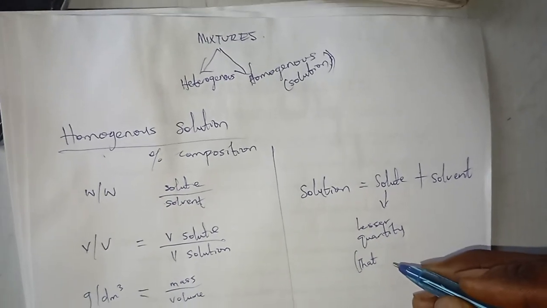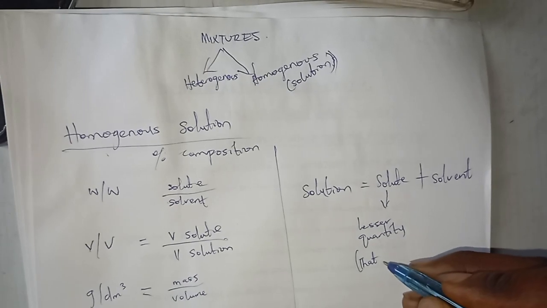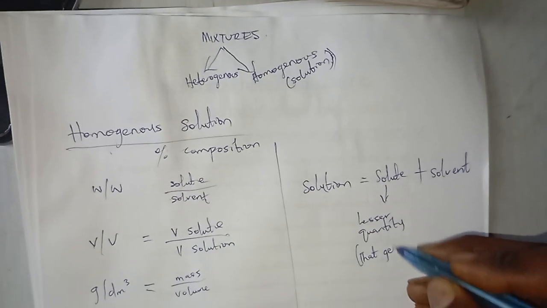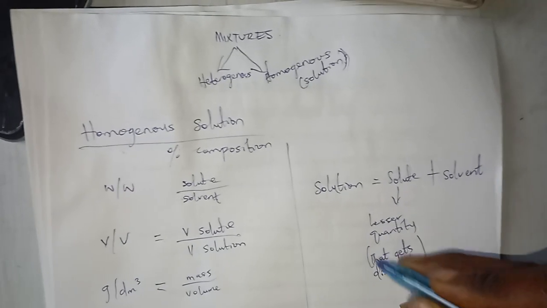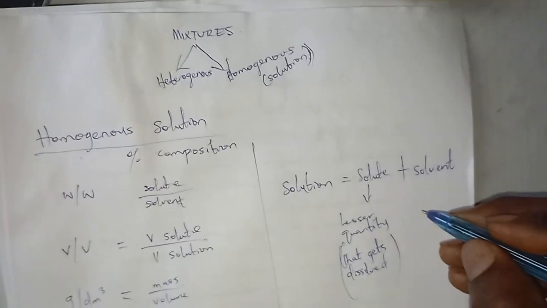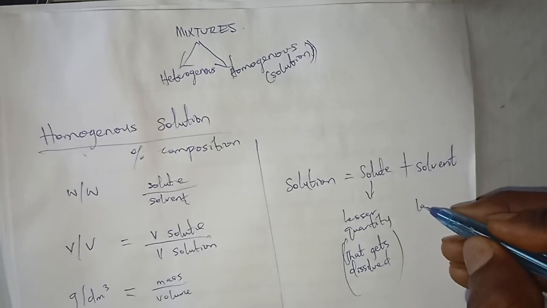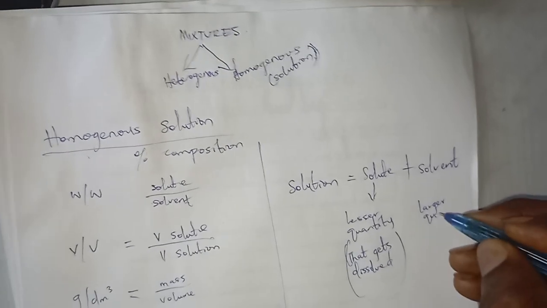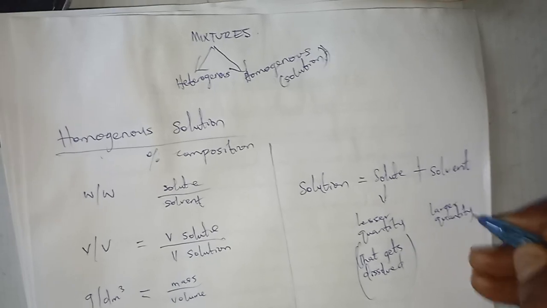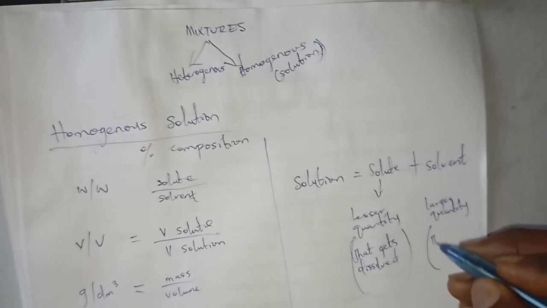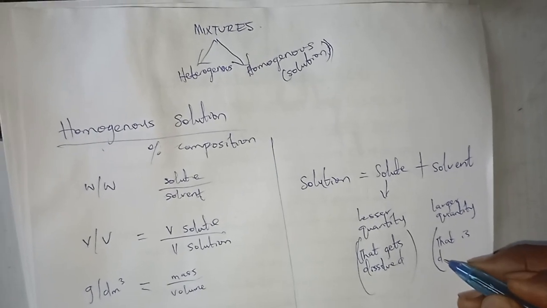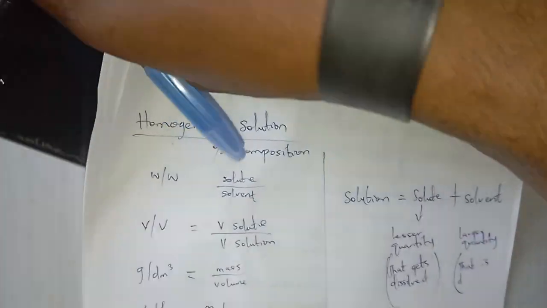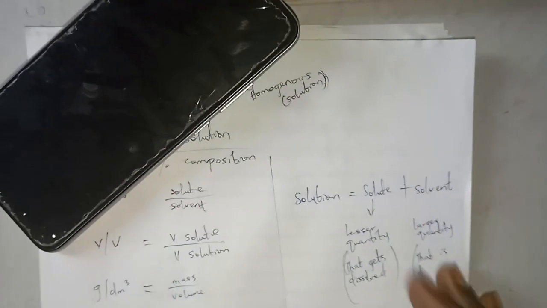So that substance that gets dissolved is known as solute, while that substance that is in larger quantity, or the substance doing the dissolving, is known as the solvent.